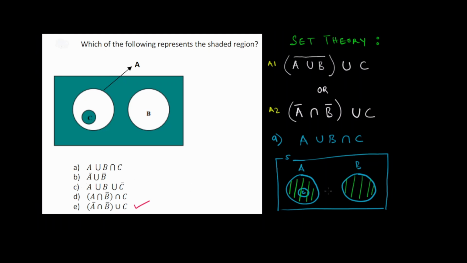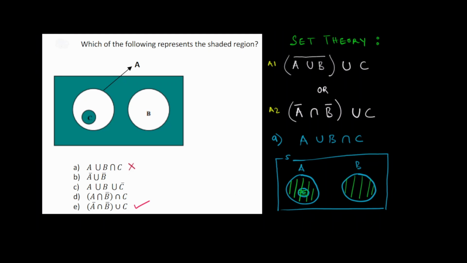So because it is intersecting C, it's going to be more like this. When we look at this, it's so much different from what we are having here. So the first one is disqualified on that grounds.